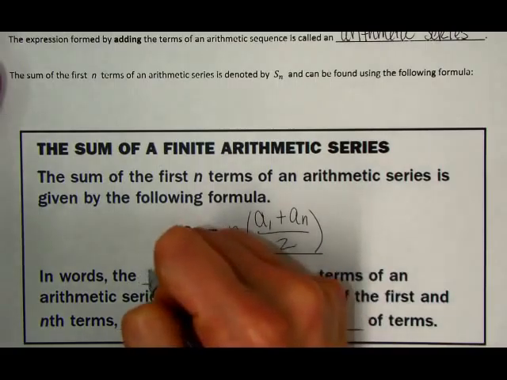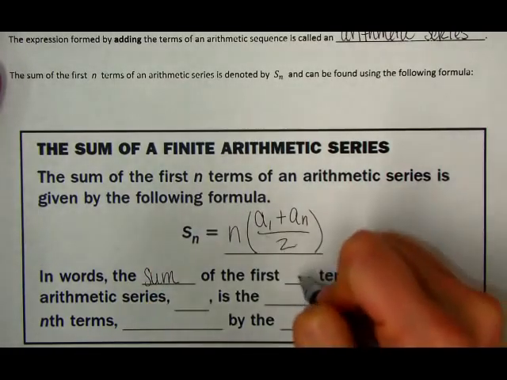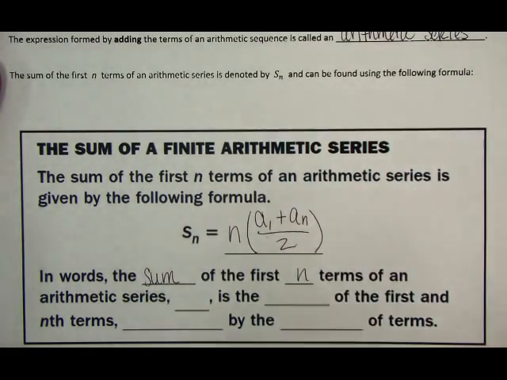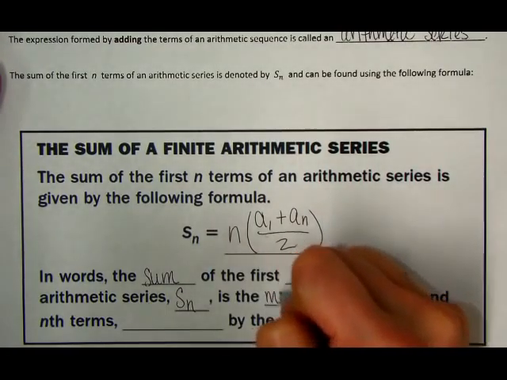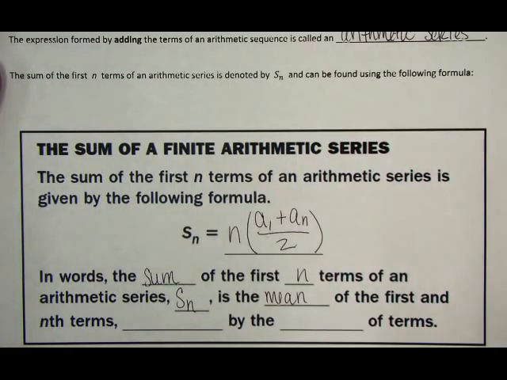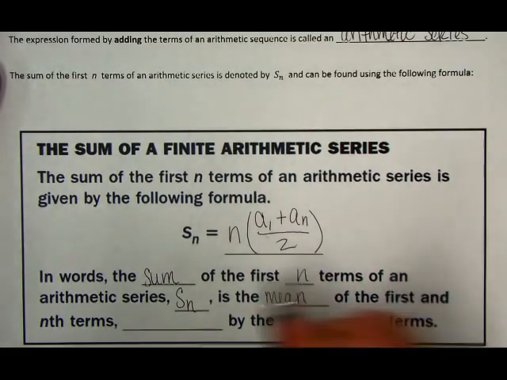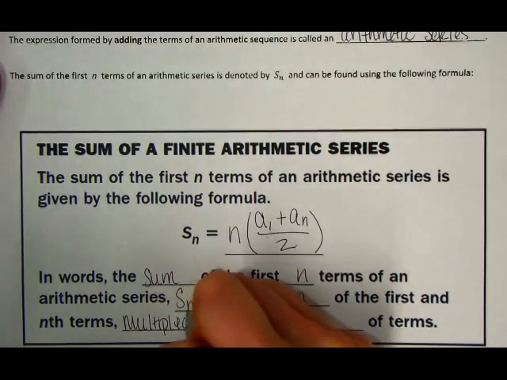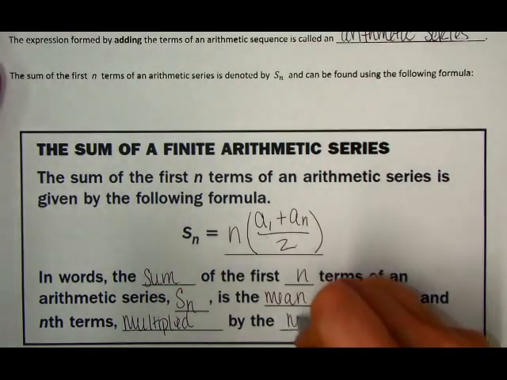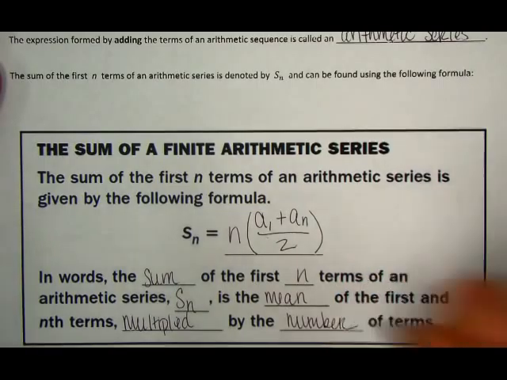In other words, the sum of the first n terms of an arithmetic series, S sub n, is the mean or average of the first and nth terms multiplied by the number of terms.